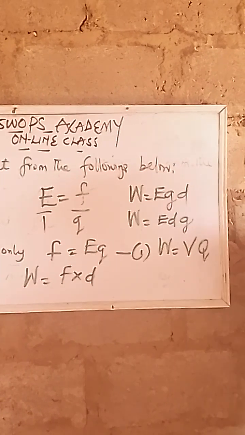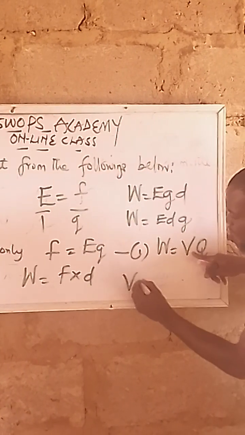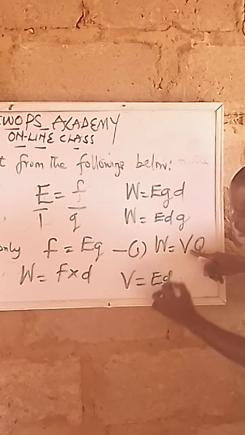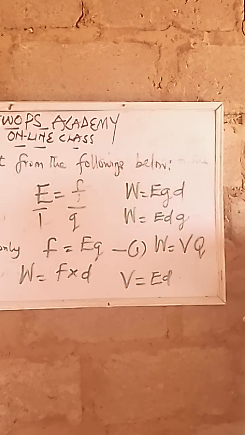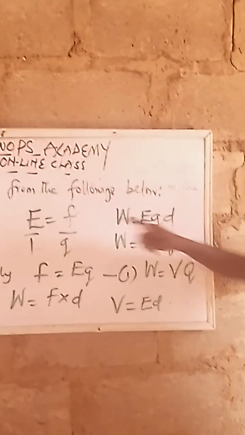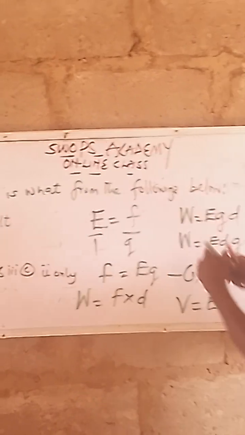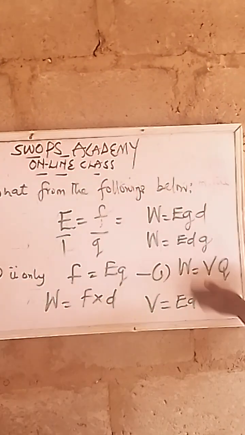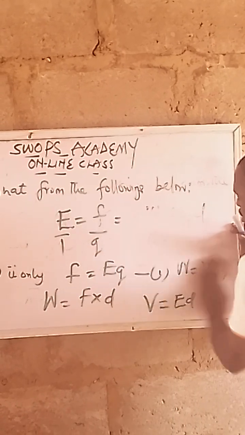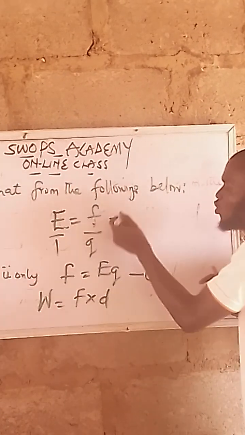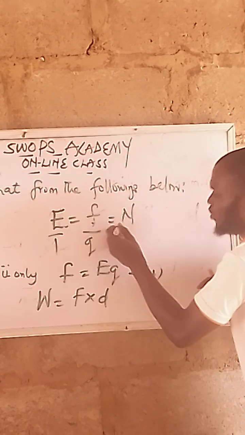Now, what do we need? I told you that V is ED. Note that this E is from there. The SI unit for F is Newton.